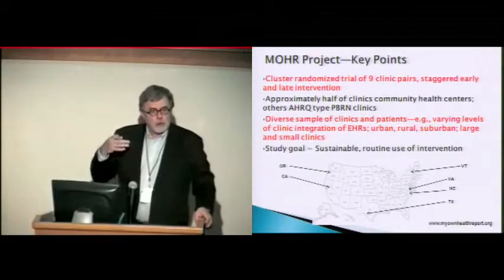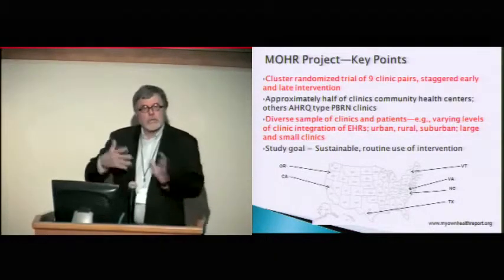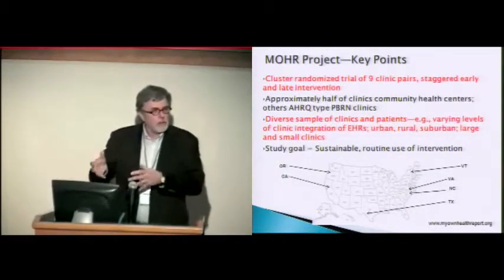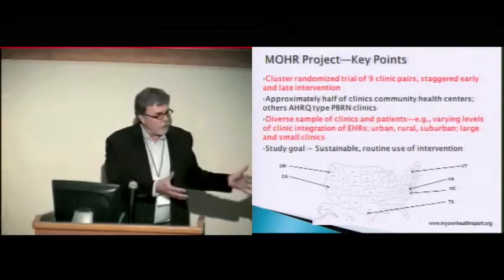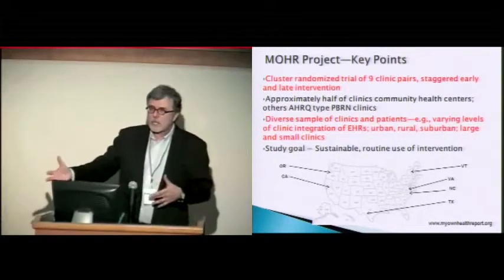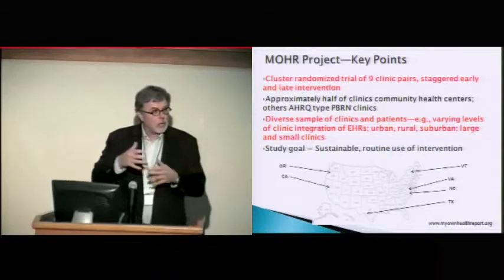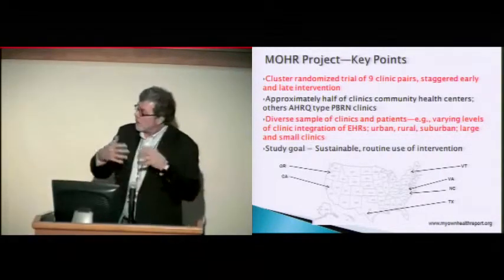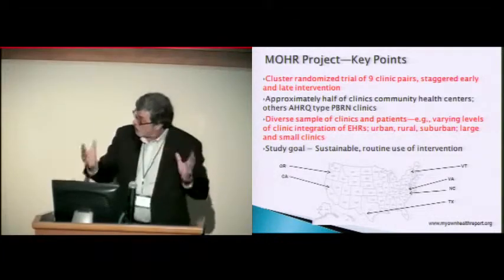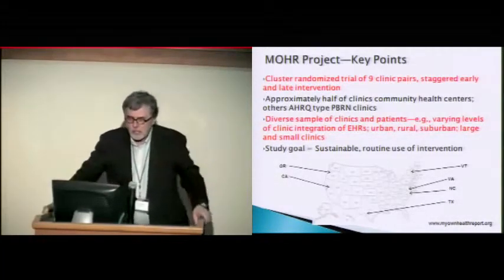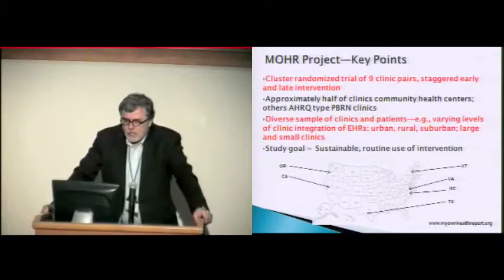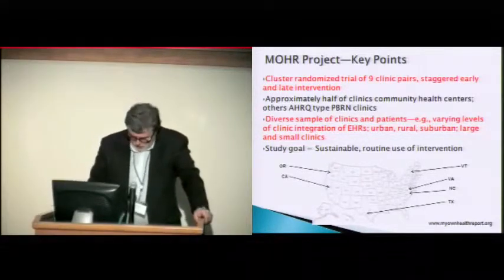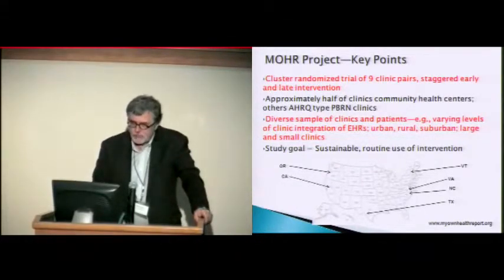They are urban, they are rural, they are ones that are leaders in the primary care medical home, and ones that haven't heard what that word is. One set has a kind of leader in the EHR; others don't have any EHRs. Half of them are community health centers. The other half are more traditional, non-integrated primary care settings. So I think I will stop there so I have a chance of making my time.